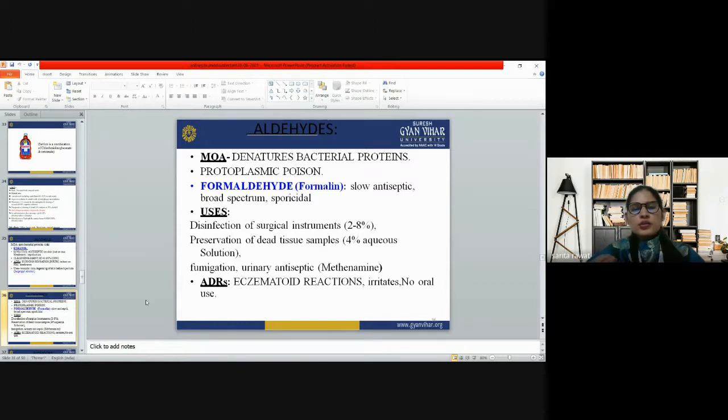It can also be used for fumigation, and as a urinary antiseptic like methenamine. The ADRs of aldehydes include that they can cause irritation, and they are not used orally.